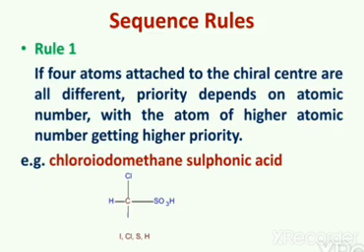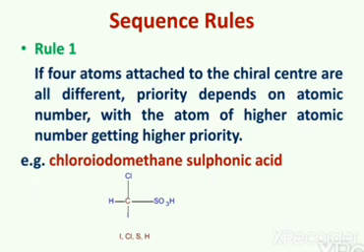According to rule 1, if the four atoms attached to the chiral center are all different, priority depends on atomic number. The atom of higher atomic number gets higher priority. For example, chloroiodomethane sulfonic acid.